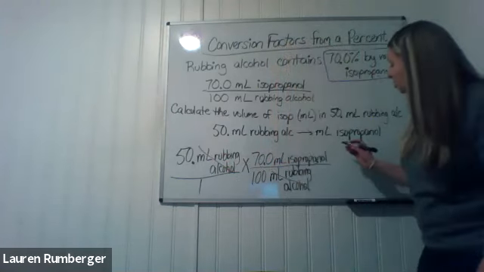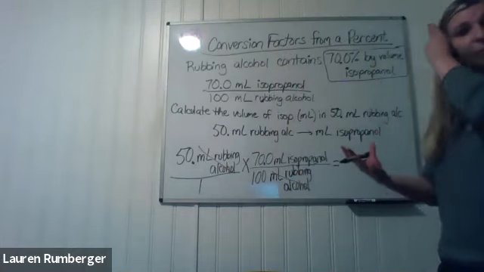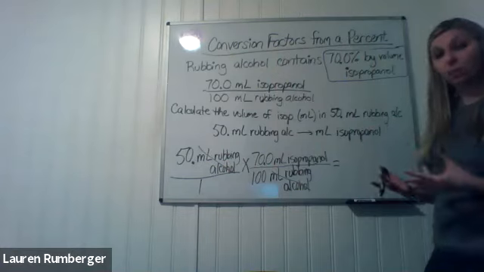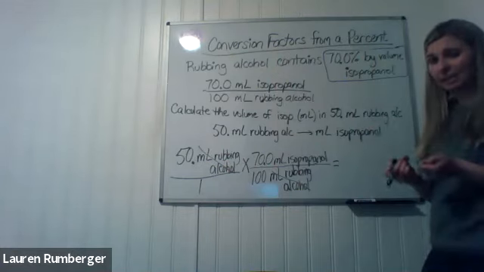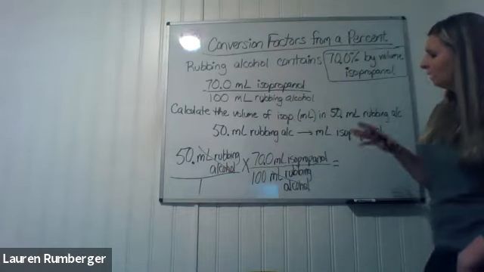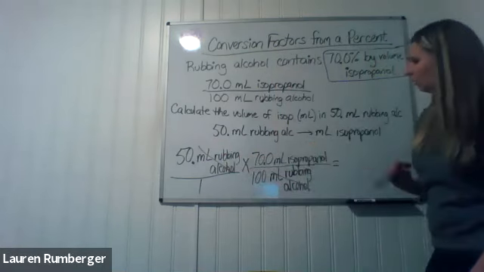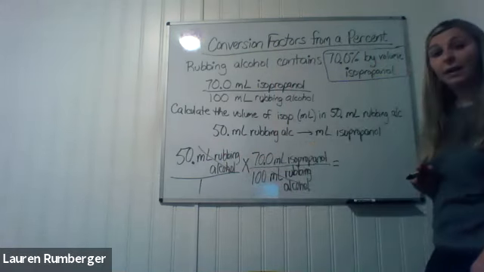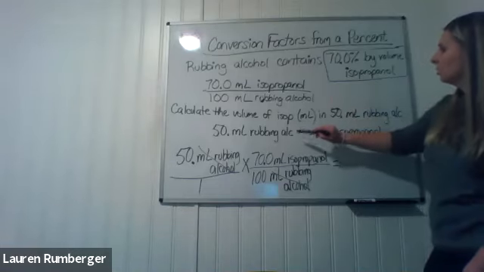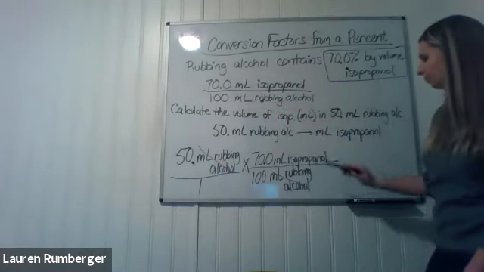So remember, this is chemistry, so we're working with matter, we're working with different substances, and we need to recognize what it is that we are converting between and what the meaning is behind the calculations that we're doing. So now that we have this set up, we recognize that we canceled our units of rubbing alcohol. We now have milliliters of isopropanol, which is what we wanted to convert to.